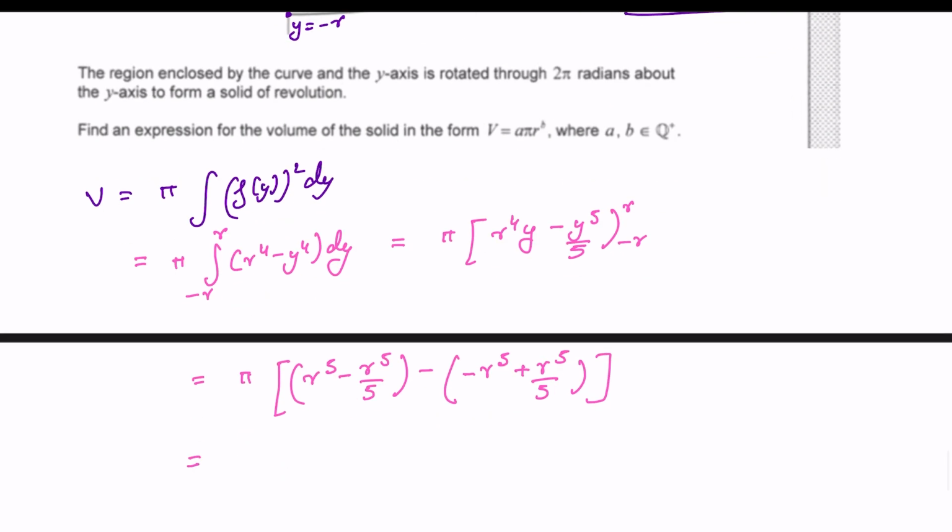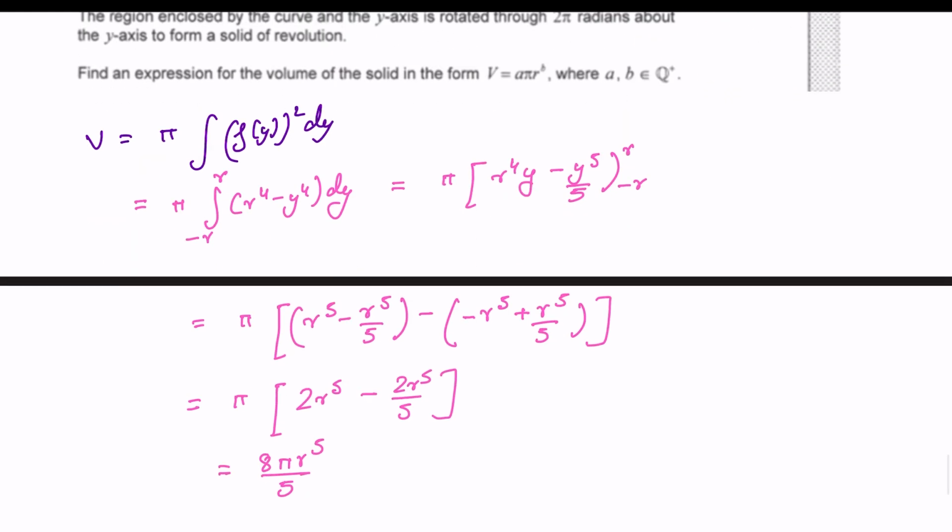When I open this bracket, negative r to the power 5 becomes positive, so I can directly simplify and make it twice r to the power 5 minus twice r to the power 5 by 5. If we simplify it from here, it becomes 8 pi r to the power 5 over 5. So comparing with this form, A would be 8 over 5 and B would be 5. This is your answer.